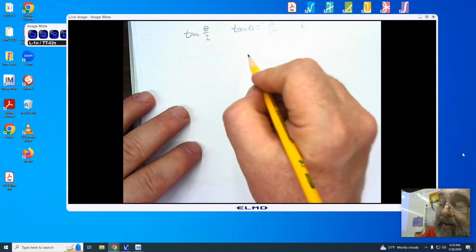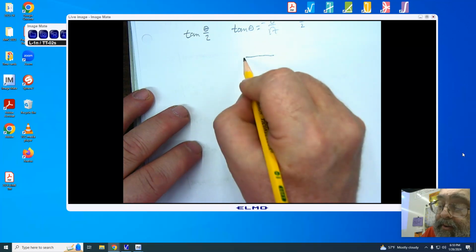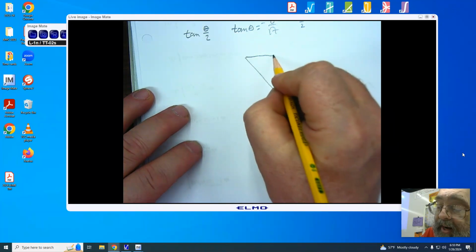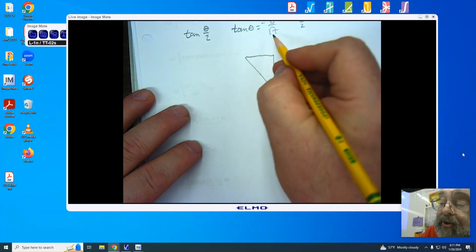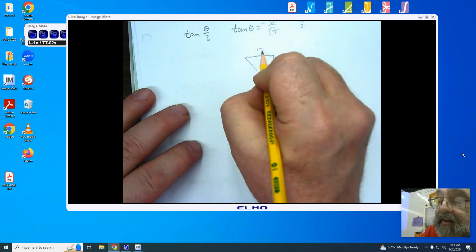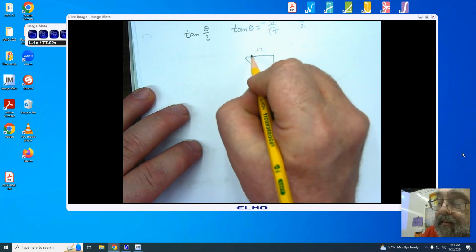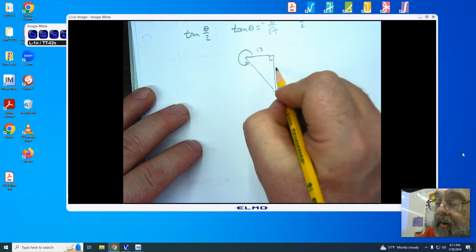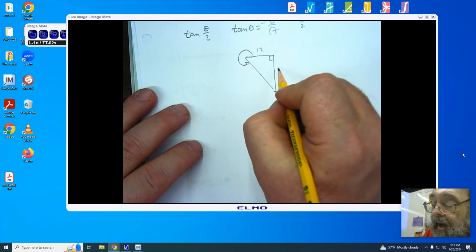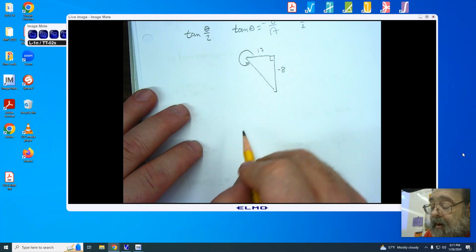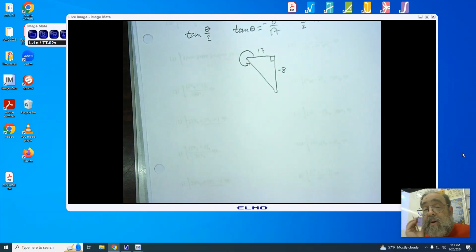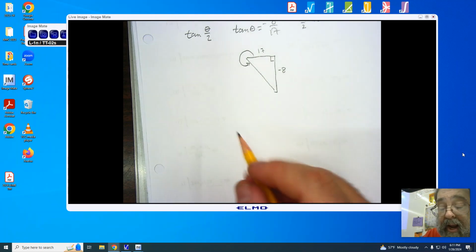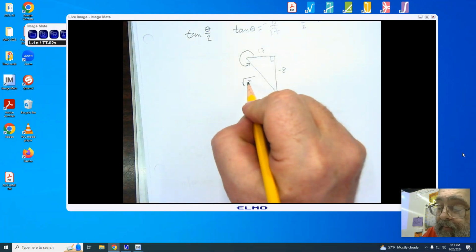I'm going to go ahead and set this up in the fourth quadrant. I have my adjacent, and my adjacent is going to be 17, and my opposite, again, here's our theta, here's our right angle, and we're looking at negative 8. Now, when I use the Pythagorean theorem of 17 squared plus negative 8, the quantity squared, I end up getting the square root of 353.